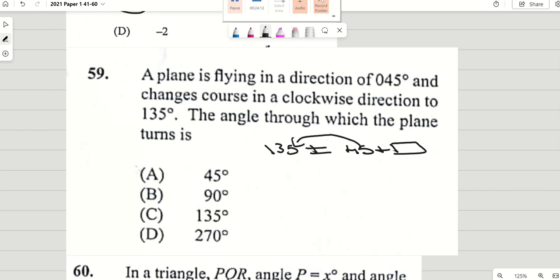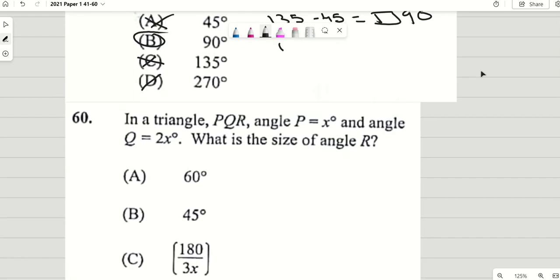If you carry across plus 45, it's going to be 135 minus 45 to give you that angle that it turns in a clockwise direction. All right, so that's 135 minus 45. 5 minus 5 is 0. So anything that ends with 5 would be out of it. And then 13 minus 4 is 9. So my angle it turns is a 90 degree angle. And that is how you would get your answer for this one.